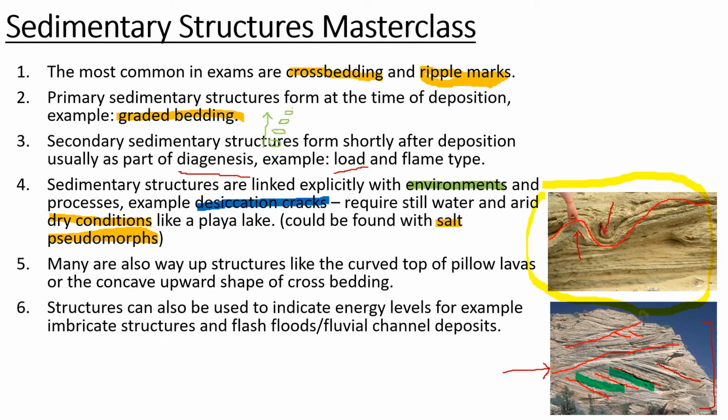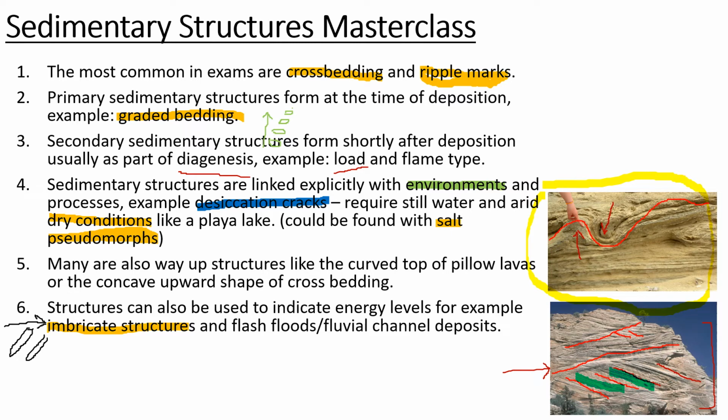The structures, all of them, or the majority of them, can be used to indicate energy levels. So they can indicate exactly what sort of movement of water, for example, is going on. So imbricate structures, if you remember, are structures where pebbles, which are sort of on their side, have been tilted over because of a paleocurrent that is going in this direction here.